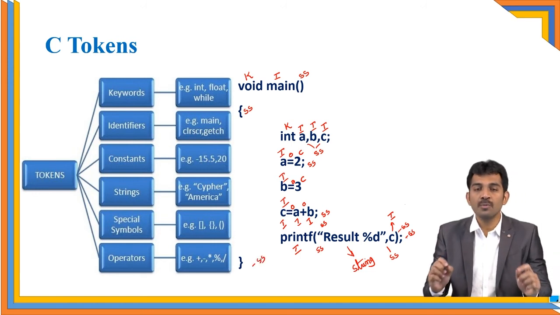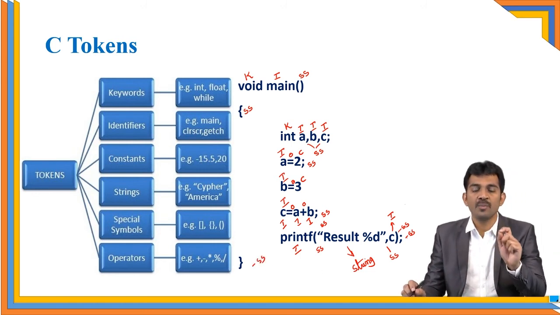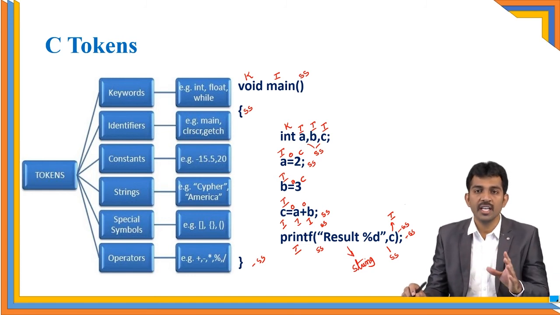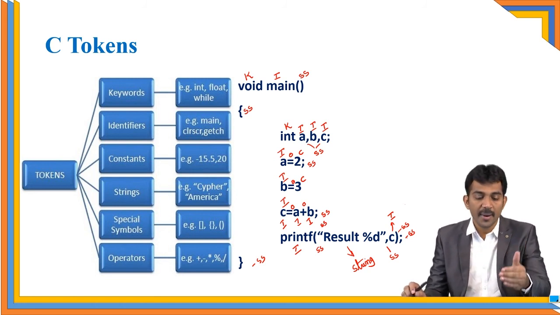If you observe the program, every part of your program is called one token. Is this clear? Even if you consider any program, you can take it and try to analyze what the tokens in this program are and divide them into the particular categories.